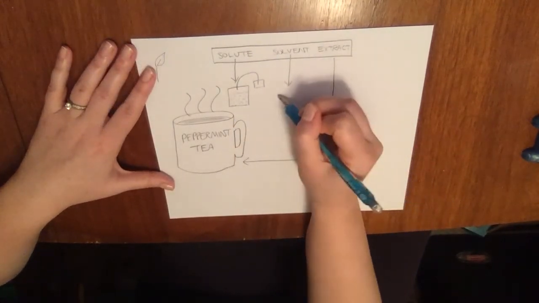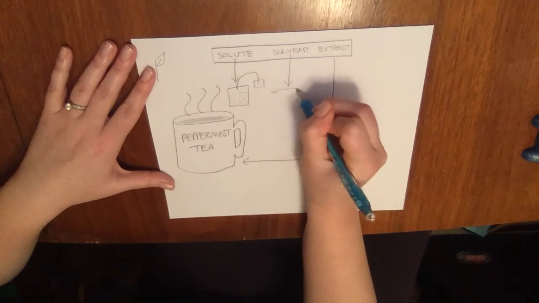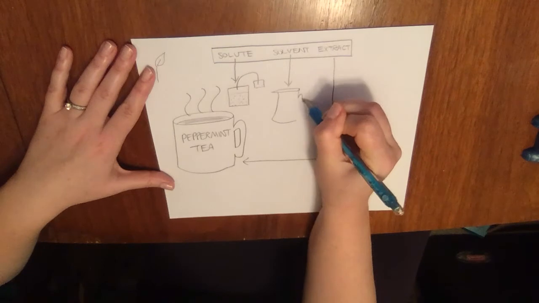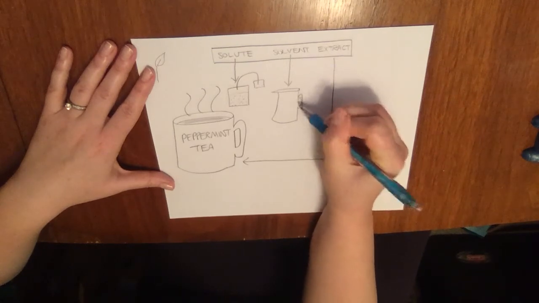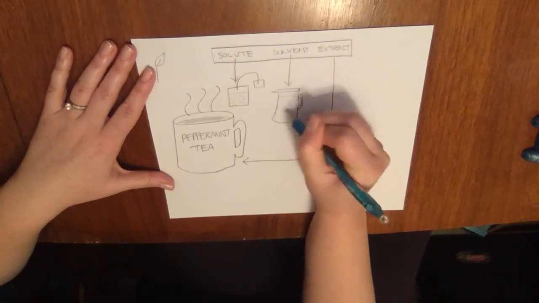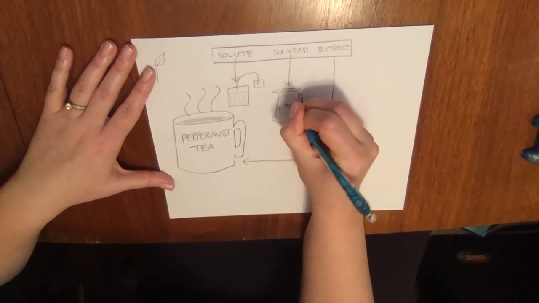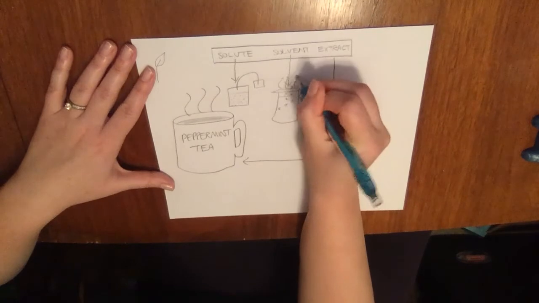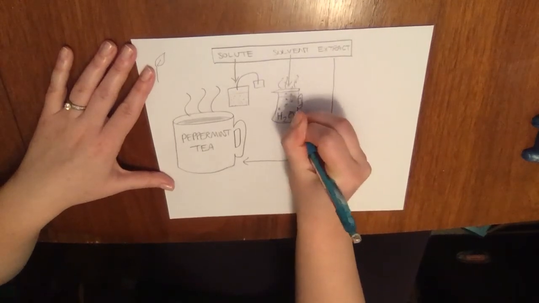We put the tea bag into, I'm going to draw a pitcher of boiling water. This is what my electric kettle kind of looks like at home. Not sure what you have at home. Sorry, maybe that's confusing. I'll do bubbles instead so that it's bubbling water, right? It's hot. And I'll label it H2O.